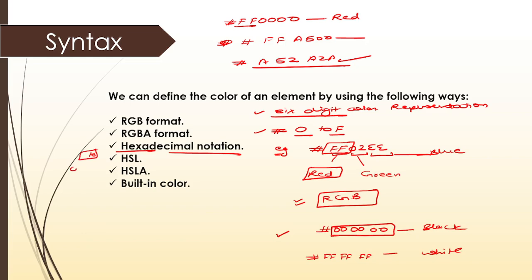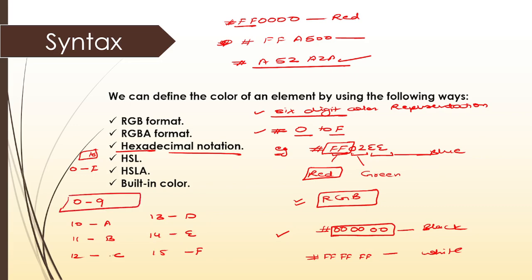Hexa always uses values from 0 to F. It directly uses numbers from 0 to 9, and after that for 10 we use A, for 11 we use B, 12 C, 13 D, E and F. So this is how we have 16 values: 10 values from 0 to 9, then the 11th, 12th, 13th, 14th, 15th and 16th.